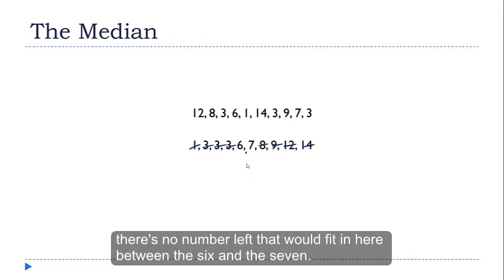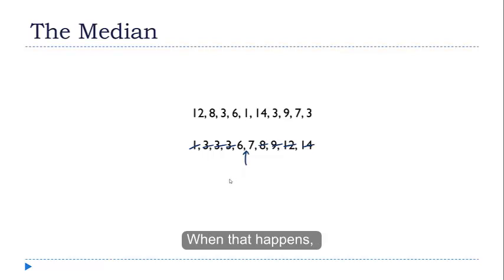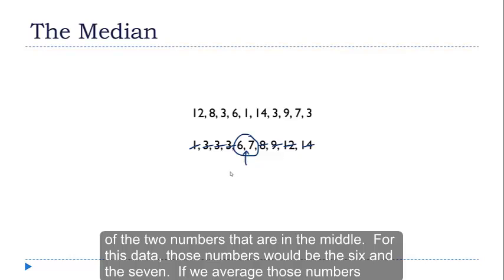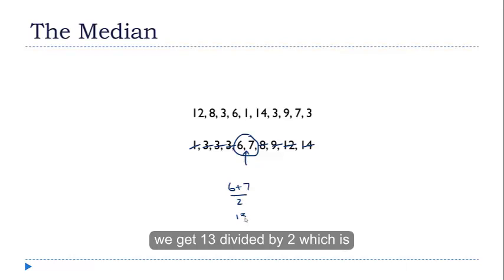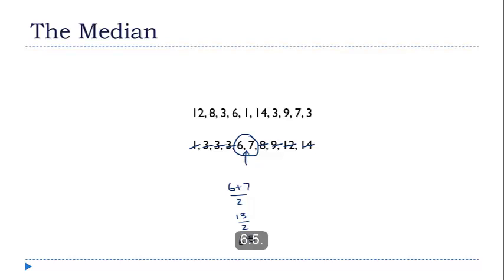It would fit in here between the 6 and the 7. So when that happens, all you do is you take the average of the two numbers that are in the middle. For this data, those numbers would be the 6 and the 7. And if we average those numbers, we get 13 divided by 2, which is 6.5.